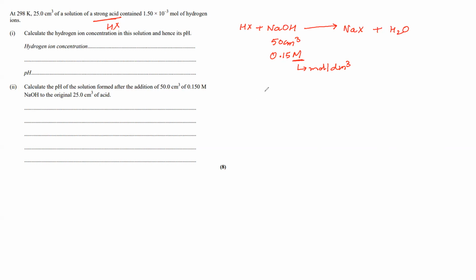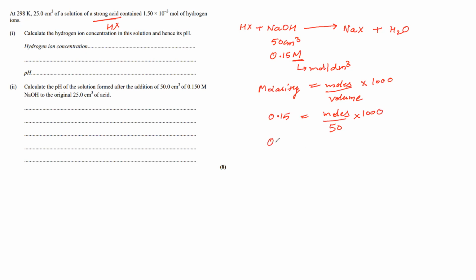How do we calculate the moles now? Same formula, molarity. Molarity is equal to moles by volume. If the volume is in milliliters, multiply by 1000. So the molarity we have is 0.15, equal to moles, which we have to calculate, divided by the volume, which is 50 times 1000.